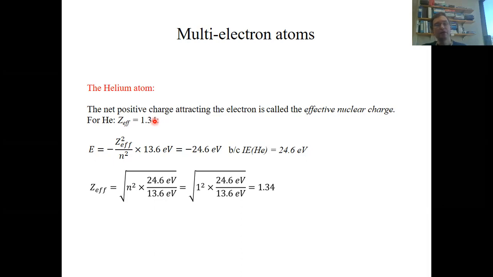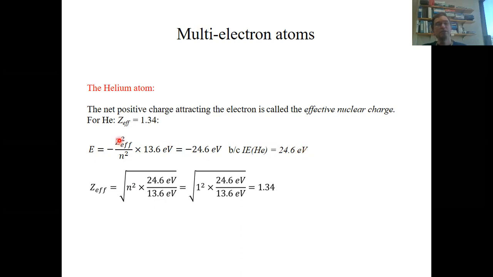So we can easily calculate that, because the energy of the electron must be Z effective squared over n squared times 13.6 electron volts, which must be minus 24.6 electron volts, because the ionization energy for the helium atom is 24.6 electron volts.